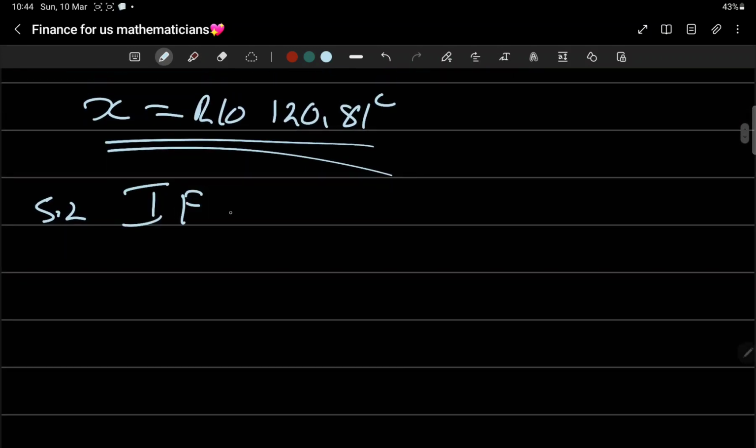Interest equals the loan minus... no, I can't use this one. Let me use L. Loan minus the payments.